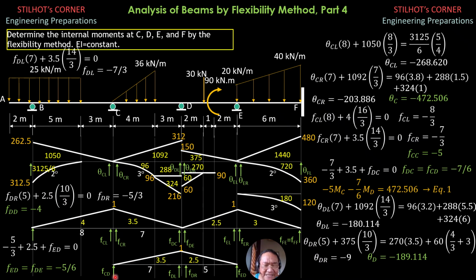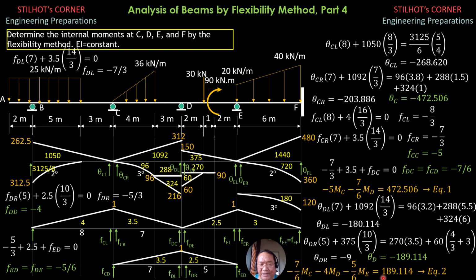So we have FCD times moment at C. FCD is equal to negative 7 over 6 times moment at C plus FDD, which is negative 4 times moment at D. So negative 7/6 MC minus 4 MD, then plus FED, which is negative 5/6 times moment at E equals negative of theta D. And theta D is negative 189.114.